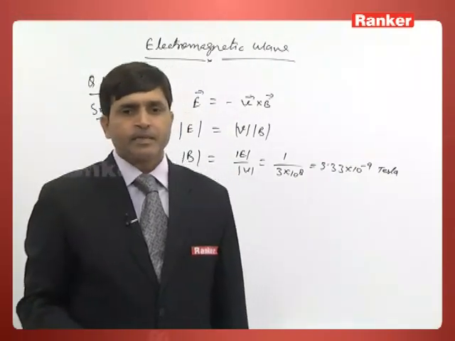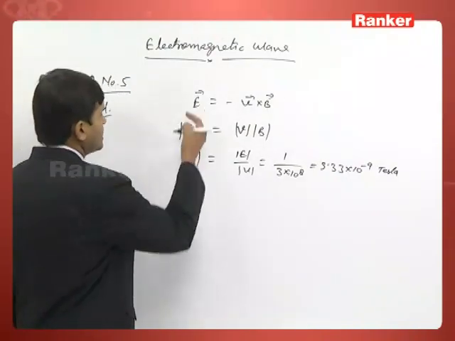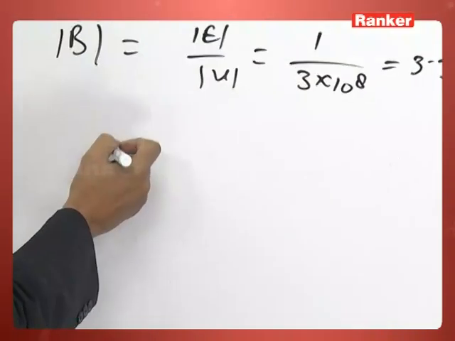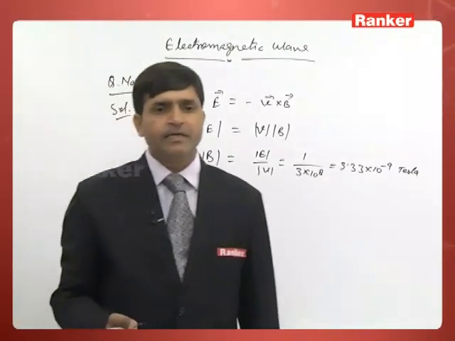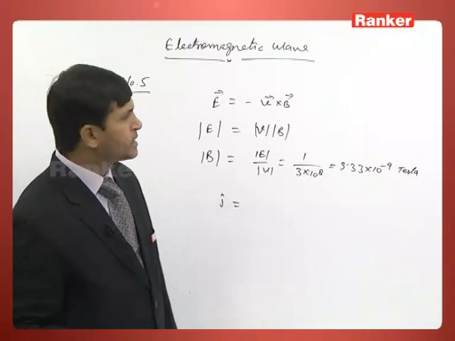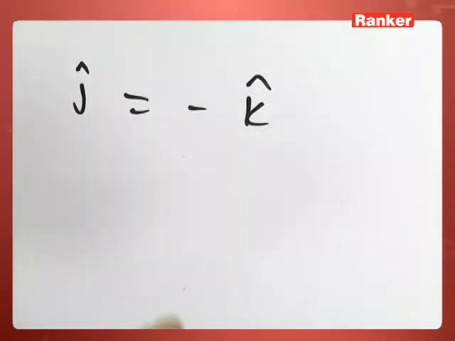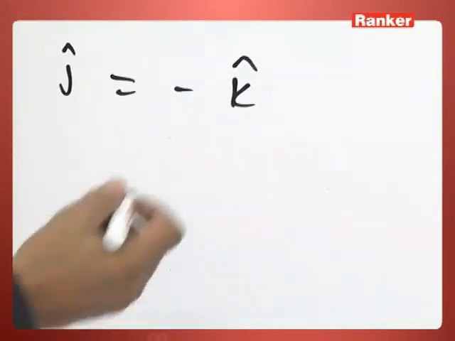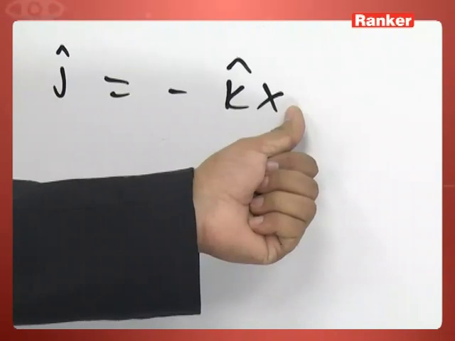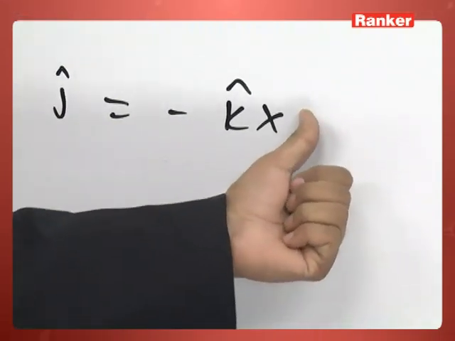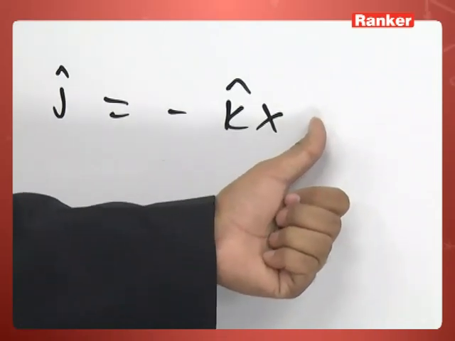It is given that the electric field is pointing in the y direction, so E is along j cap. And the electromagnetic wave propagates along plus z, and plus z means k cap. So we want j cap, and that comes from k cross something. If we write k cross i, that gives you plus j.